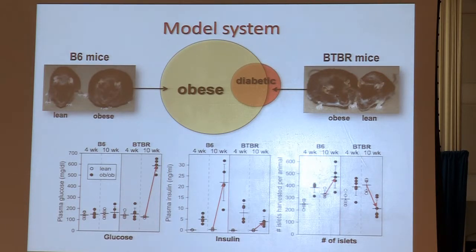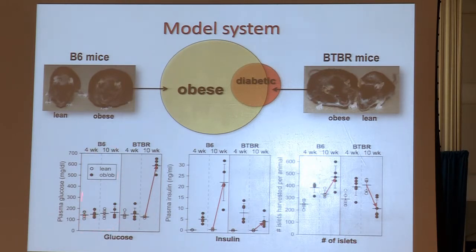And there's two ways to think about it. You can say, well, what is it the BTBR mouse does but shouldn't do that gives rise to diabetes? Or more interesting, what does the B6 mouse do to allow it to avoid diabetes that the BTBR mouse fails to do? And down here I'm showing you plasma glucose plotted on this axis.